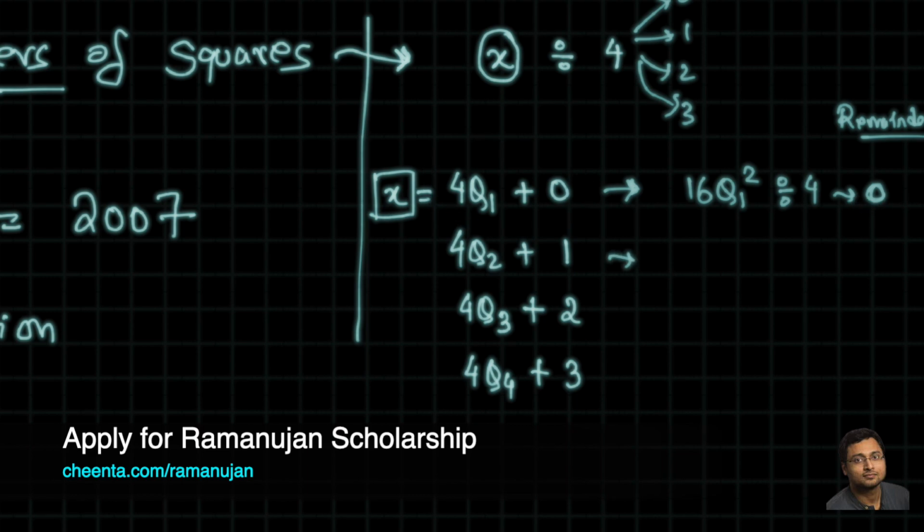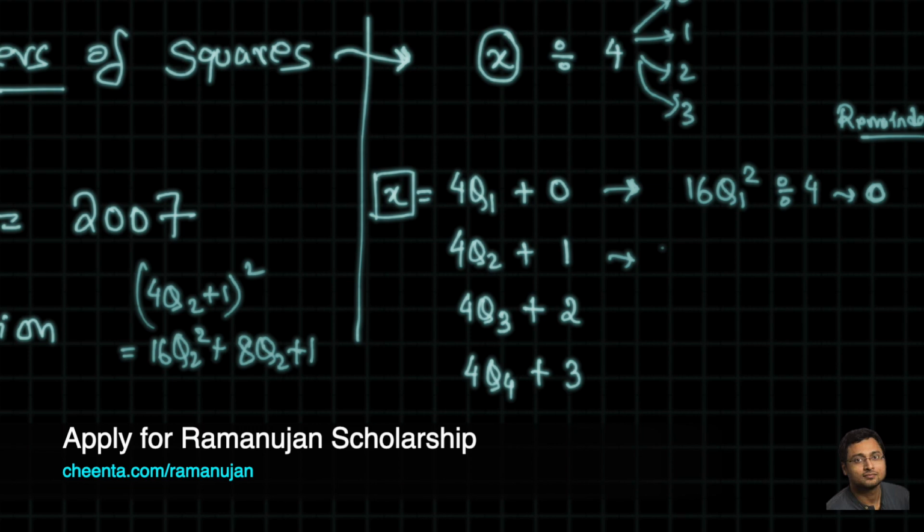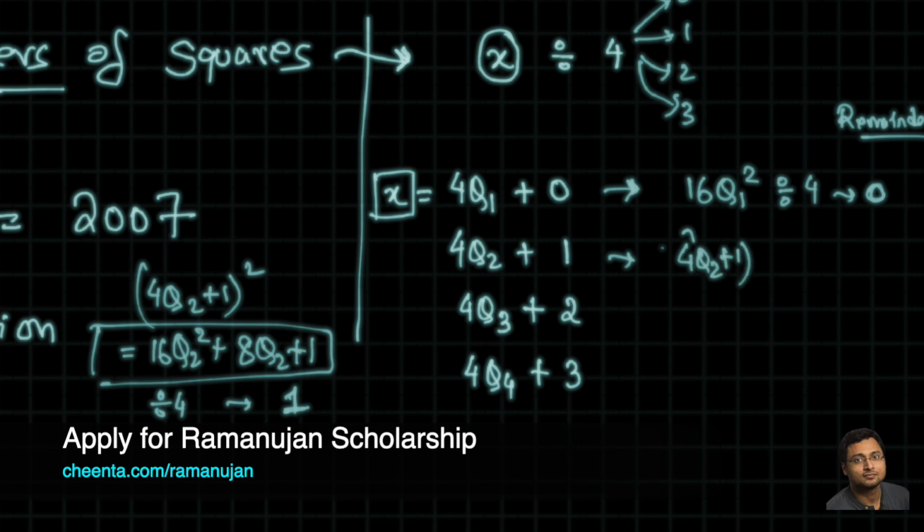Now the second type, you can do a little bit of calculation. Let me do it here. 4q2 plus 1 whole square is 16q2 square plus 8q2 plus 1. So if you divide this quantity by 4, the remainder is 1. So 4q2 plus 1 whole square when divided by 4 gives remainder 1.